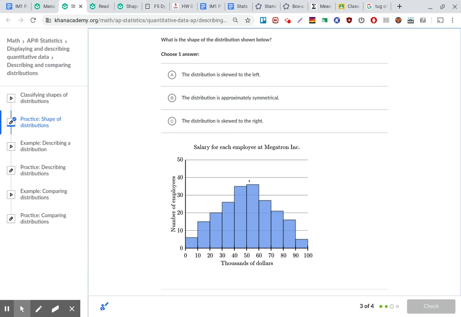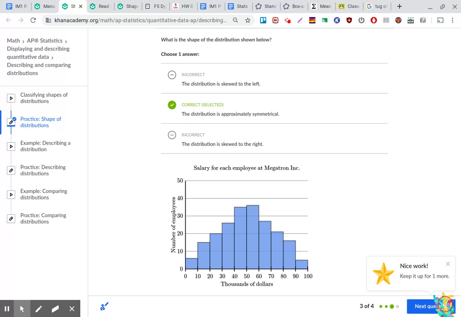They're about the same distance. So I had picked right skewed, but it's basically almost symmetrical. You can see it's almost like a mountain, perfectly the same on both sides. Anyway, that's the idea with those, and hopefully this was helpful for you.